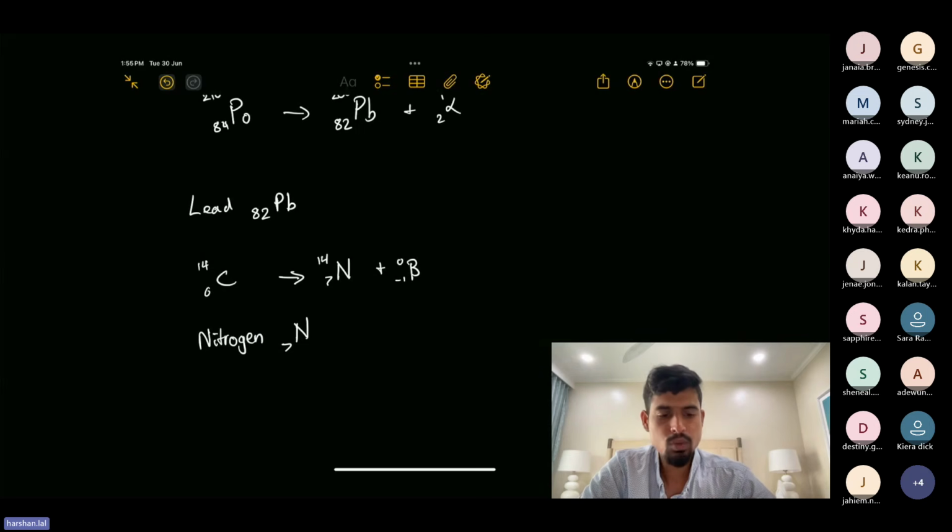So what do we need to stop beta particles? Aluminum, right, a sheet of aluminum. And what do we need to stop gamma rays? The lead. Right, so lead is used to stop gamma rays.